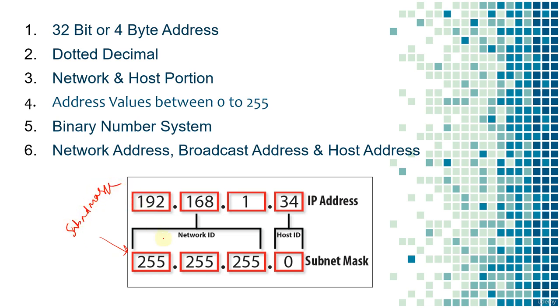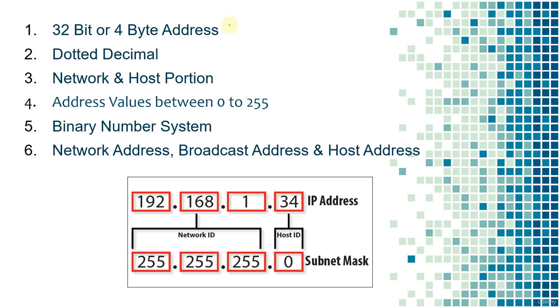The subnet mask will always be represented with numbers from 0 to 255, like 255.255.255.0 most of the time. But if you have subnetted, then you are going to see different numbers over here. But this is the default subnet mask for the class C address. RFC 1918 and these classes we are going to cover in the next slide.